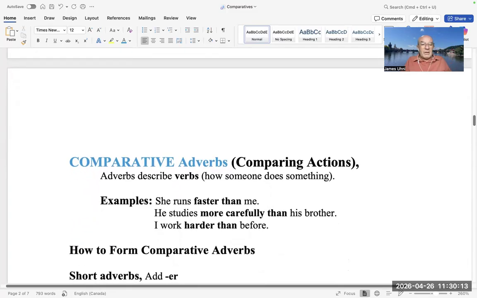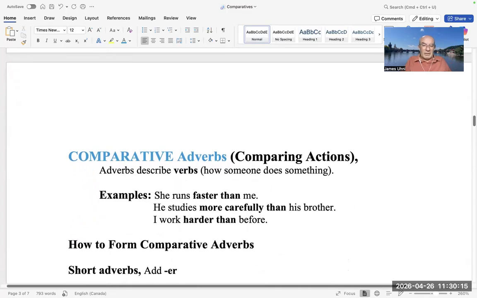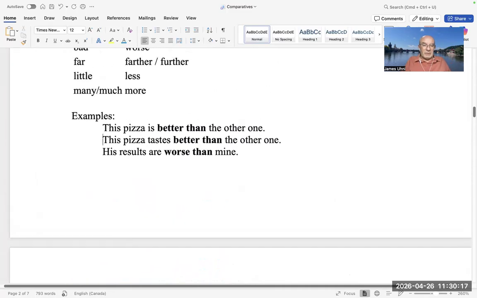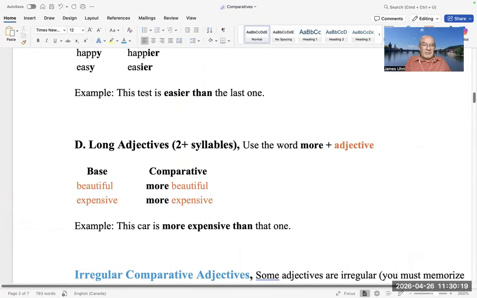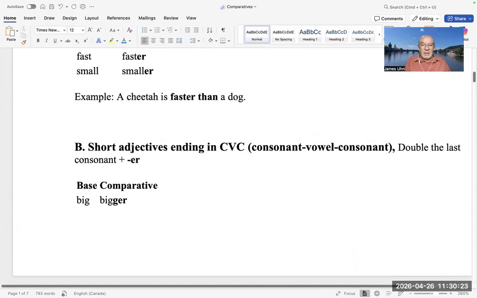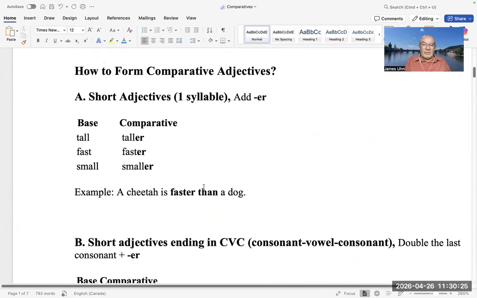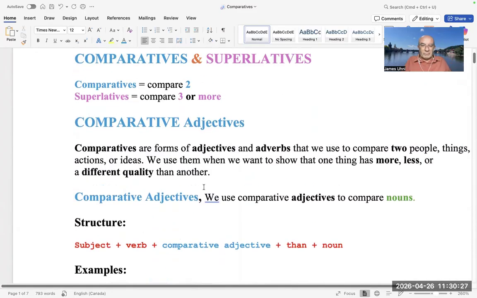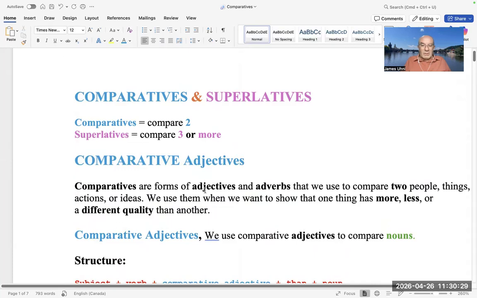So then we have comparative adverbs. This is going to be really interesting because comparative adjectives compare nouns. We use comparative adjectives when we want to show that one thing has more, less, or a different quality than another.